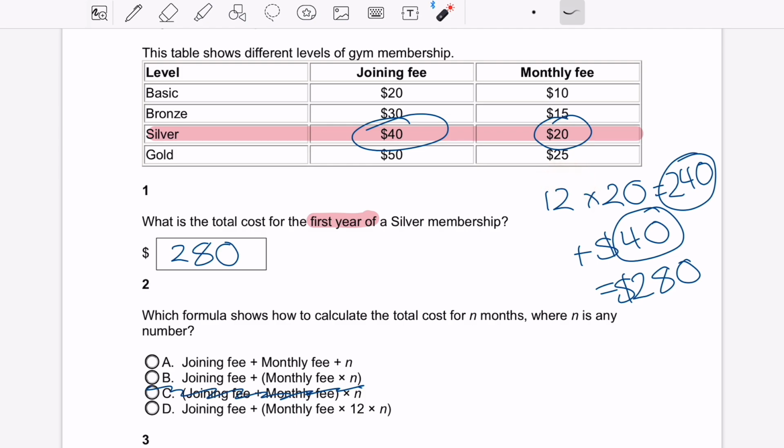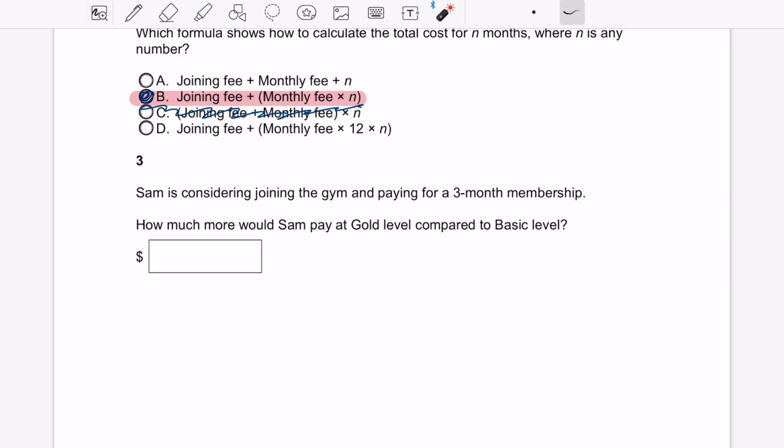So we're looking for the one that says monthly fee times n, because n means months. We've got 2 here, except for you'll notice that this one actually says plus. So the answer we're looking for is B. Our joining fee, $40 plus $20 times the number of months.